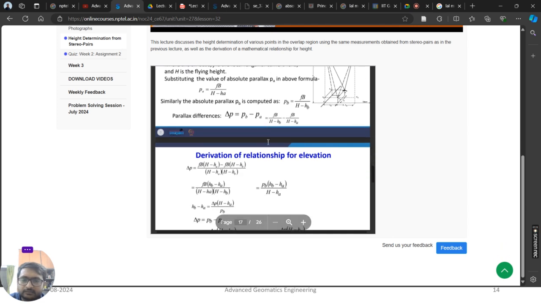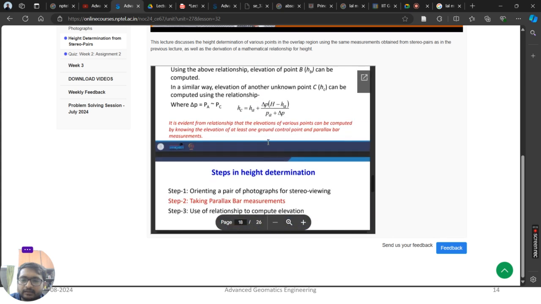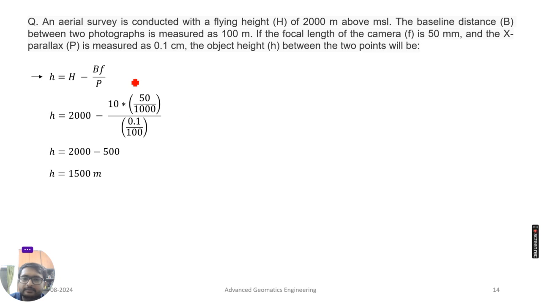After doing this derivation you will have the final formula: h, the height of an object, equals capital H, the flying height, minus b f divided by p.